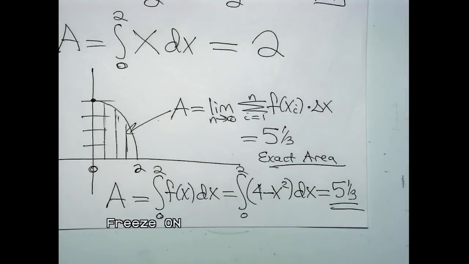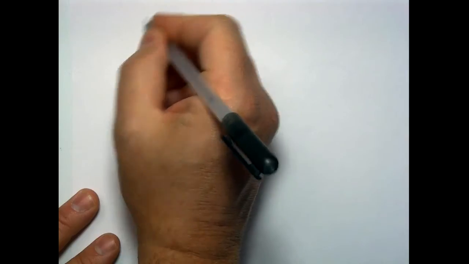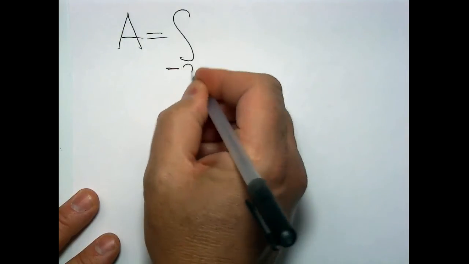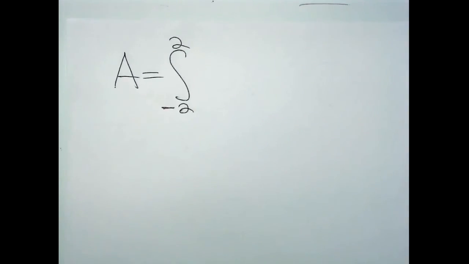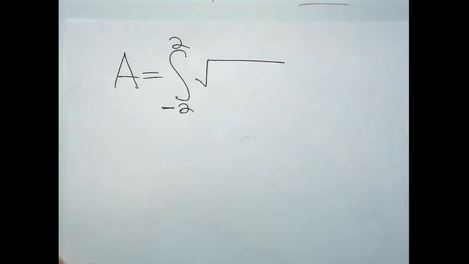Let's try another one. I wonder what this area would be. Let's go from -2 to 2 on the square root of 4 minus x squared.